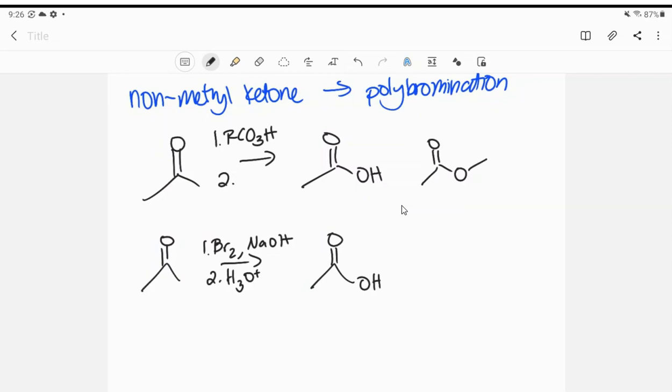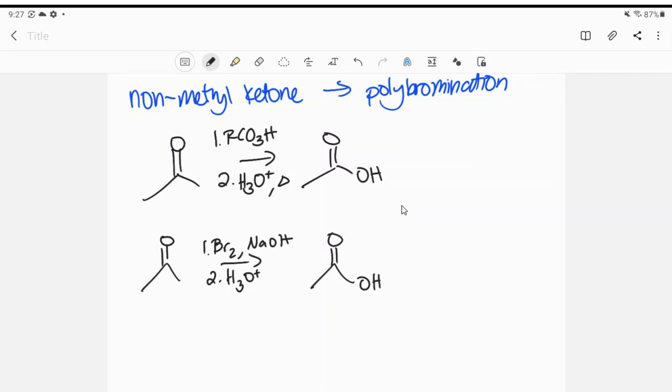Oh, come on, this is not that hard. Well, the opposite of that, yes. So esterification makes the ester. Just putting water will hydrolyze it. So hydrolysis would be the other one. So that would be another way to get this. So now we have two ways if we wanted to make a methyl ketone into a carboxylic acid.